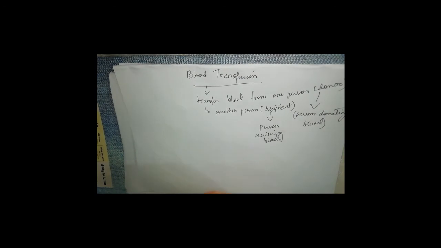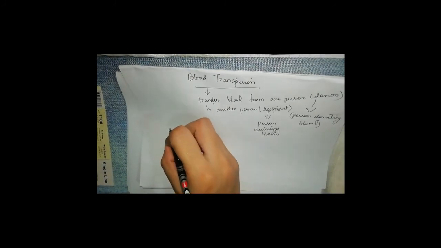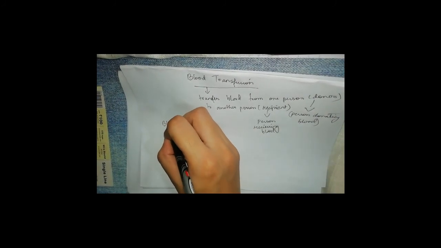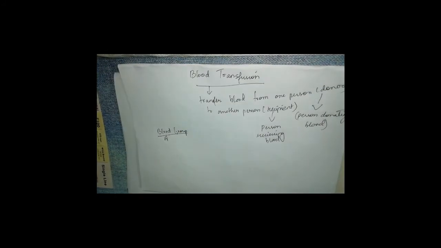Okay, so I will show you which type of blood group can receive which type of blood and which type of blood group can donate blood. I have already shown you the antibodies and the antigens of each blood group, so I will not show you this time. Now if I have blood group A, you can refer to your textbook, page 77.